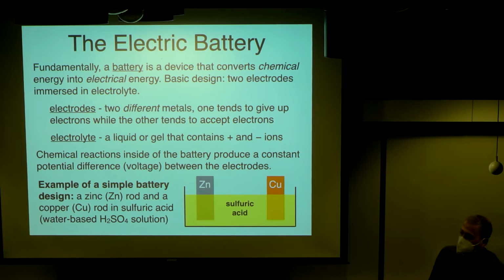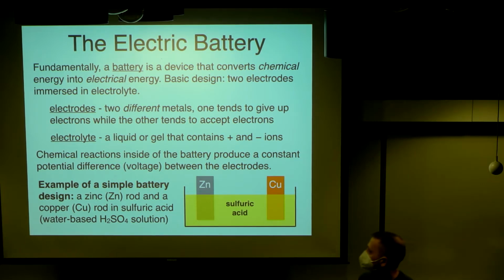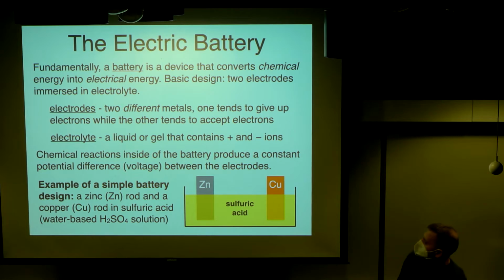So your electrodes are 2 different metals, okay? The 2 metals that make up your electrodes have different properties. One of them tends to readily accept electrons, while the other one tends to give up electrons. So as an example, what you see here, the 2 electrodes are zinc and copper.